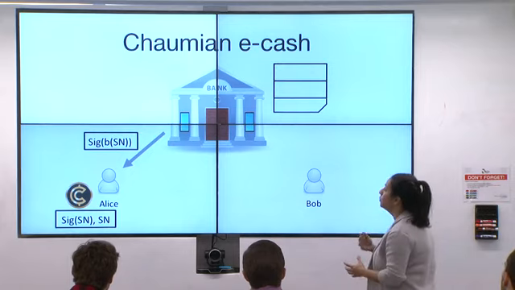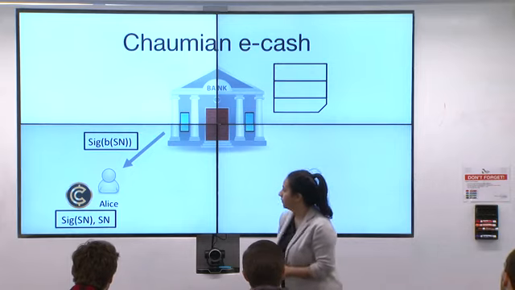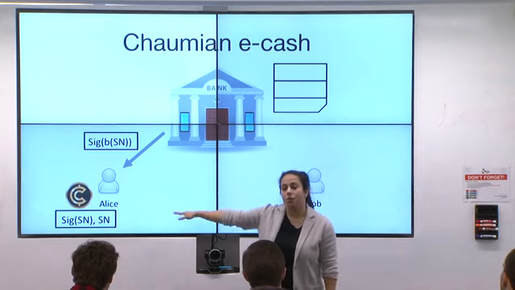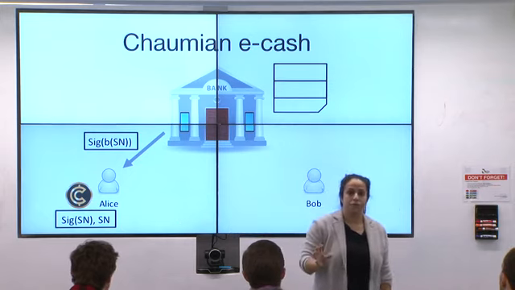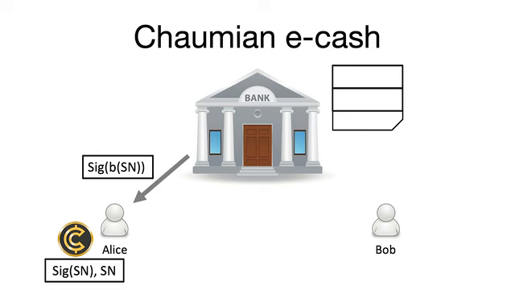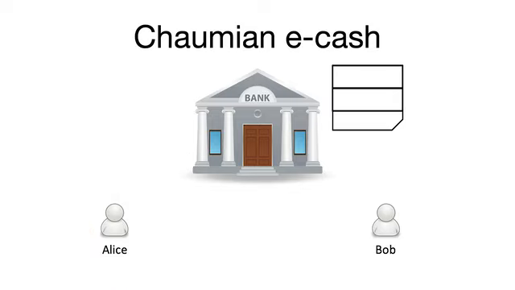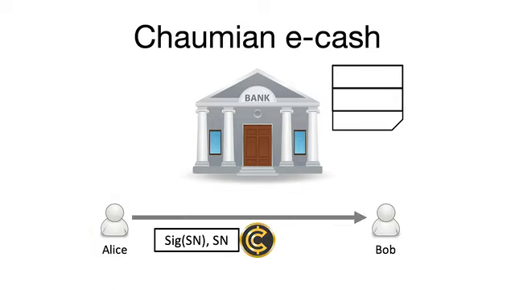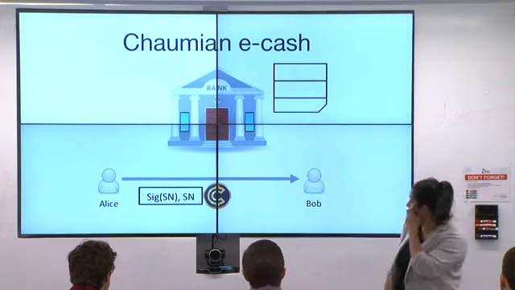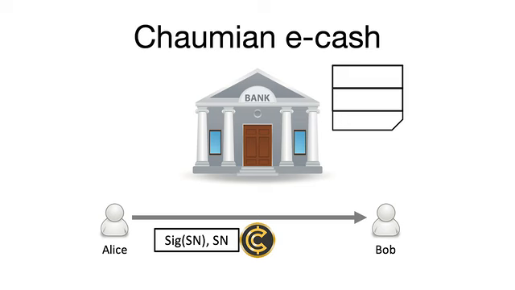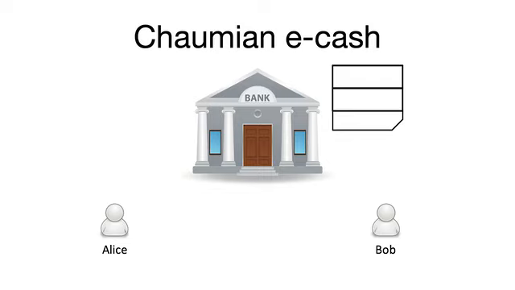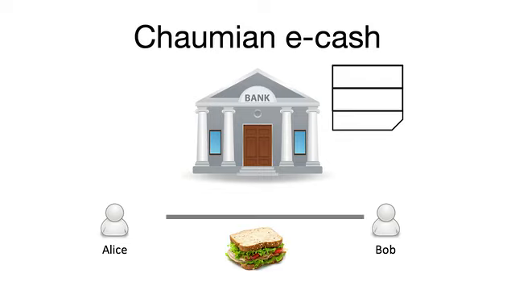Alice can remove the blinding factor later. And this is what the coin is. The coin is a valid bank signature on the secret number, and also the number itself, which Alice can then send to Bob. Bob can check and make sure that this is a valid signature from the bank. And if that's correct, then Bob can give Alice a sandwich.